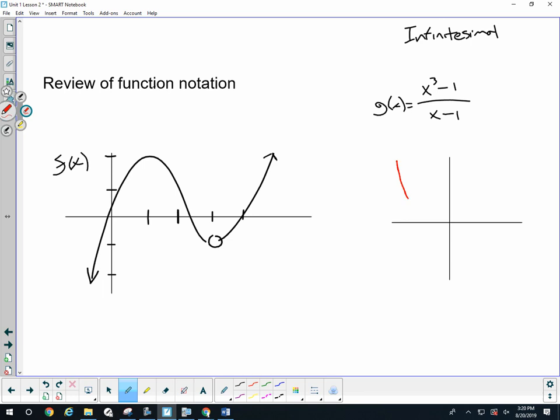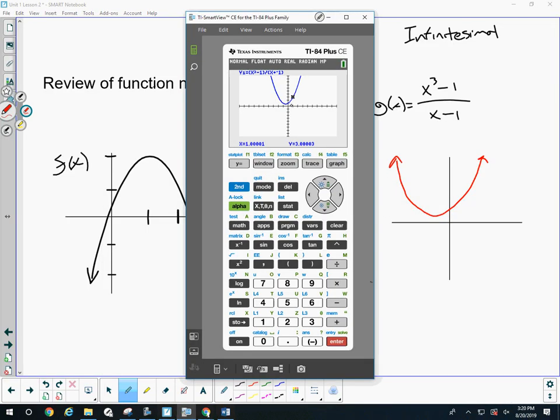It's not centered around the x-axis, I mean, around the y-axis. Okay, it looks something like this. If we don't see that when we graph, it's because you're not using parentheses. Make sure you use parentheses.